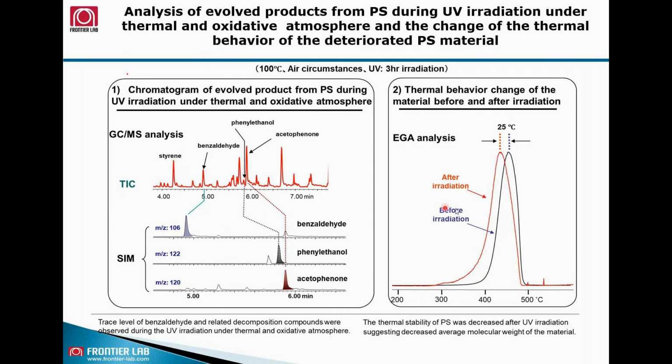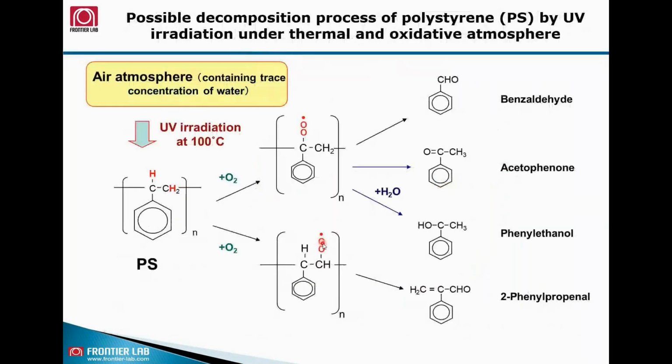Then we also analyze the material after irradiation. As I said, usually we see a shift in the apex temperature, which indicates the reduction of molecular weight. Now, as I said, we can also understand the mechanism. When we look at the possible decomposition mechanism in a thermal and oxidative atmosphere, oxygen is definitely one factor, but if your air has some humidity, that can also make a difference.